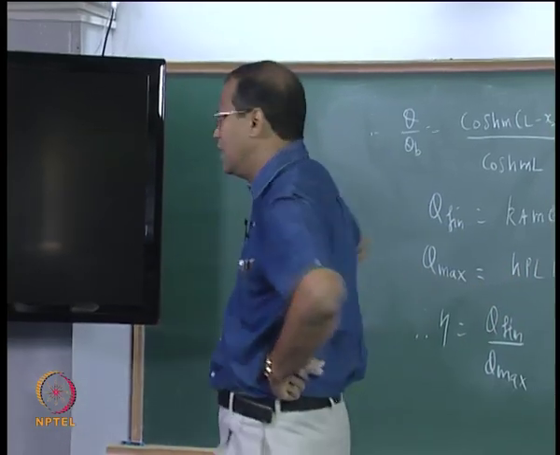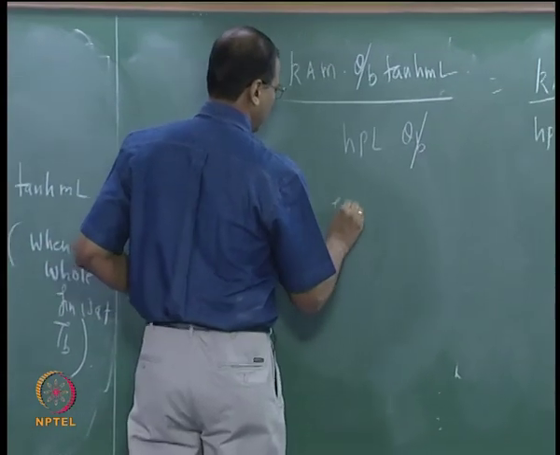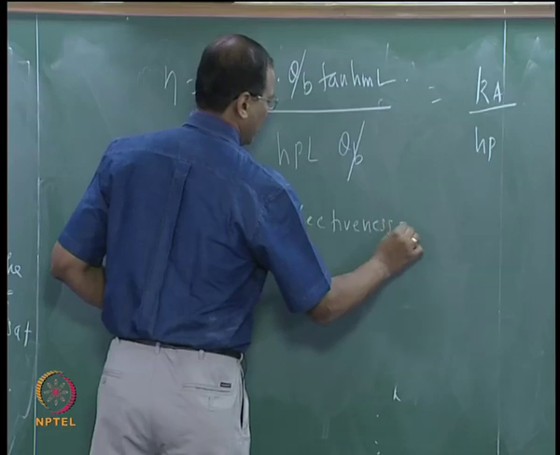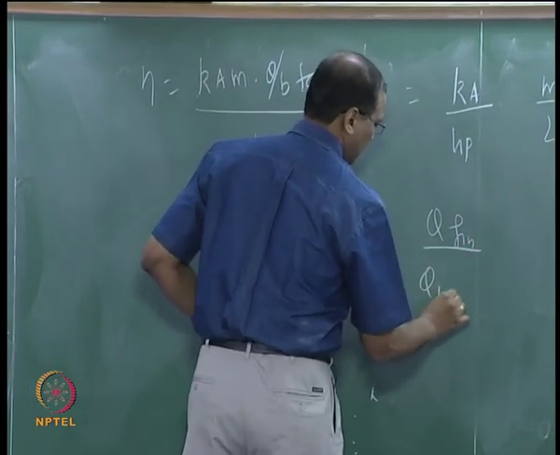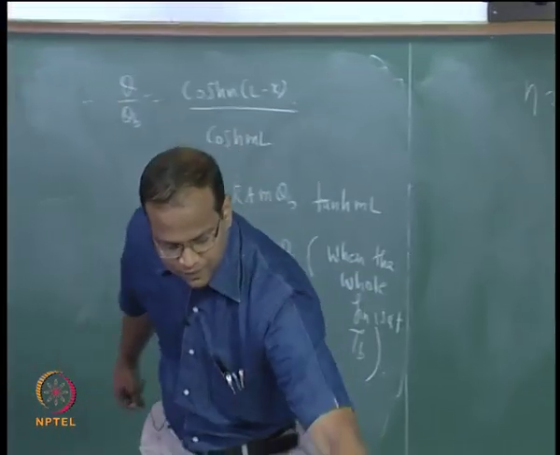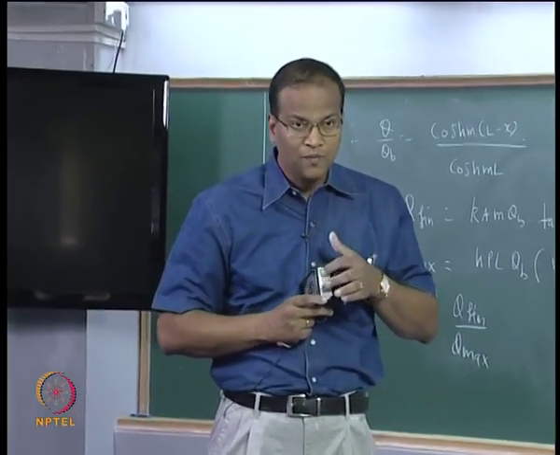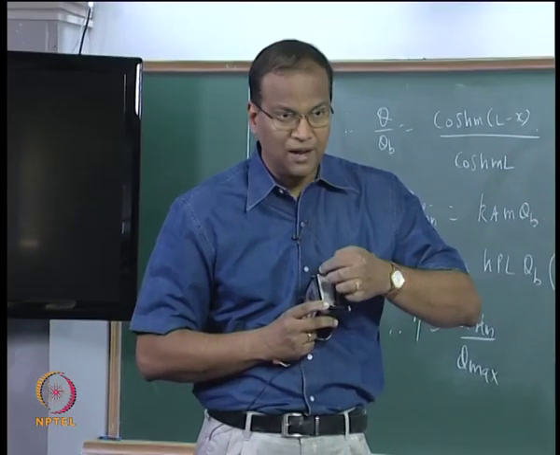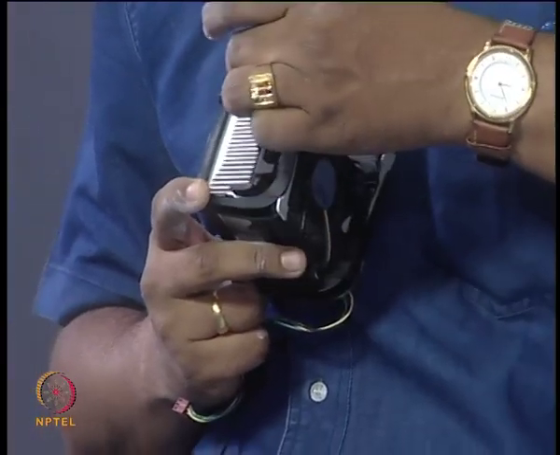Okay. Now, there is something called the effectiveness. Look at this, now you have surface area, that is front side, top side, bottom side of each of these fins, and so many fins are there.